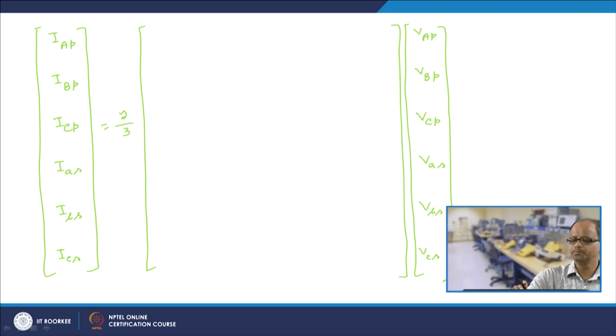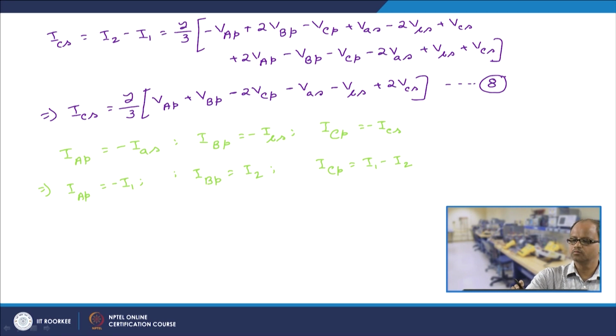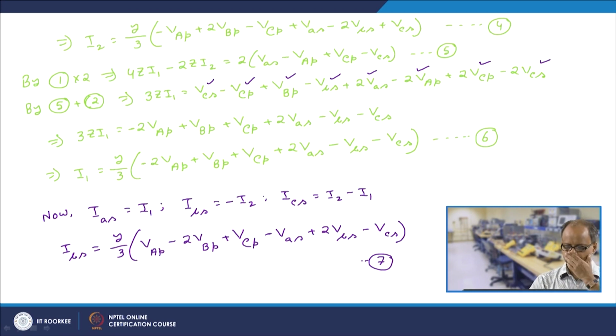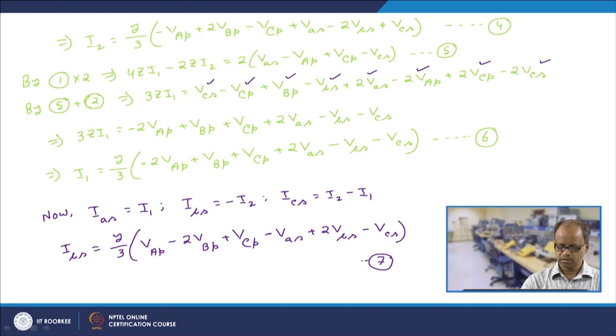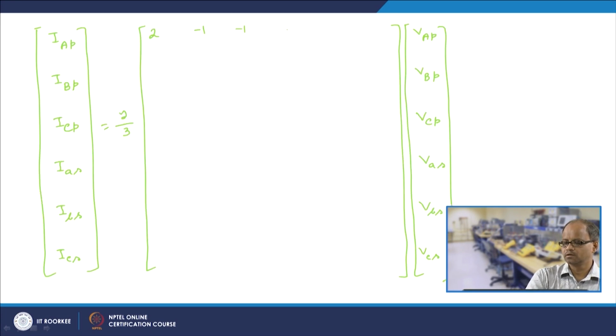So IAP is equal to minus I1, and minus I1 means 2 minus 1 minus 1, and then it is minus 2 plus 1 plus 1, minus 2 1 1.